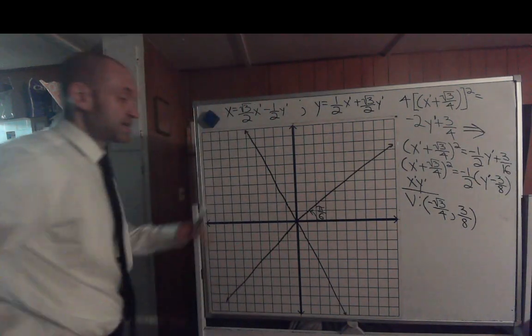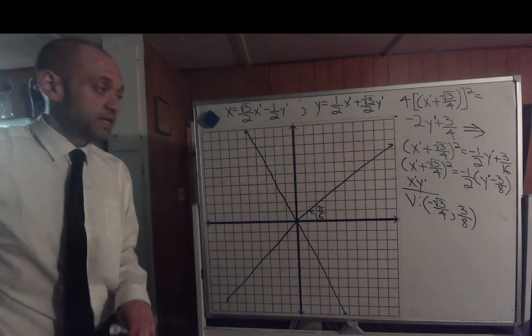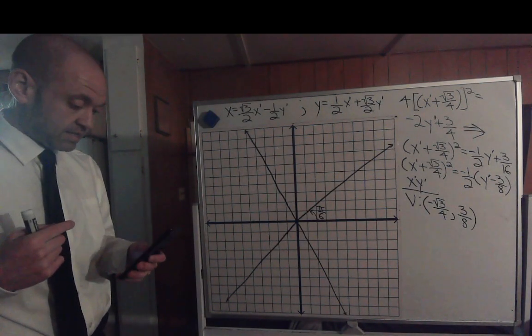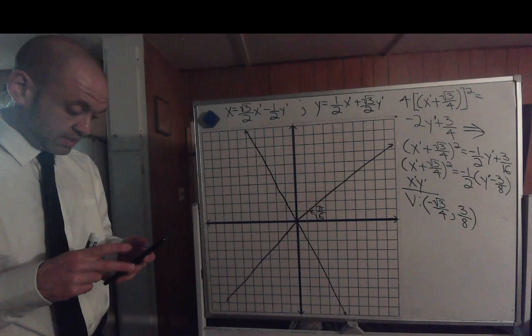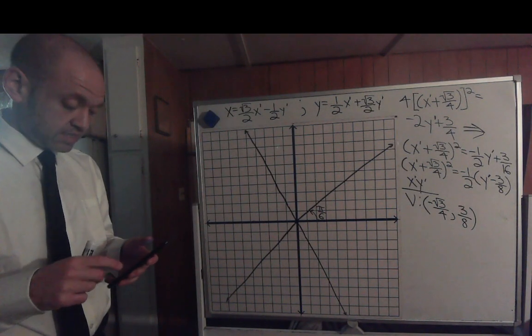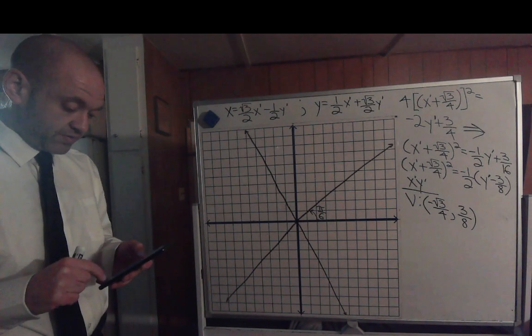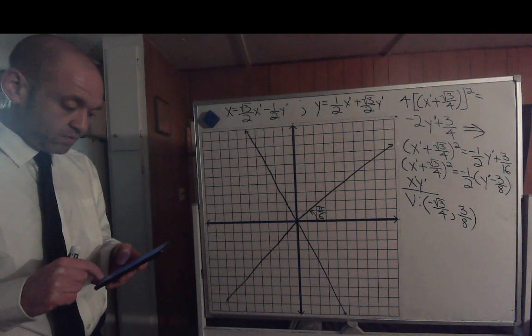So the vertex in the x prime y prime plane, oh boy, let's take that, huh? Negative of the square root of 3, now divide that by 4.